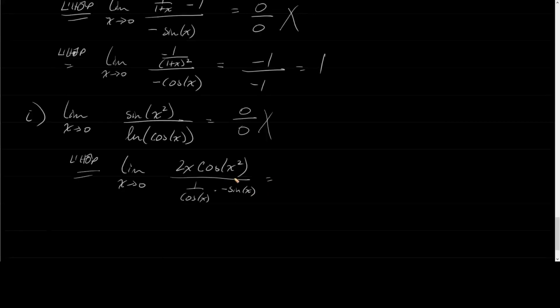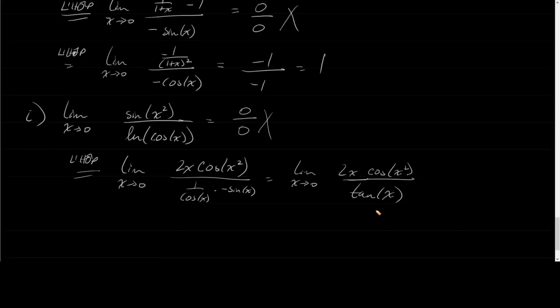In here, sine over cosine is tangent. So what we really have here is the limit as x goes to 0 of 2x times cosine of x squared over tangent of x.